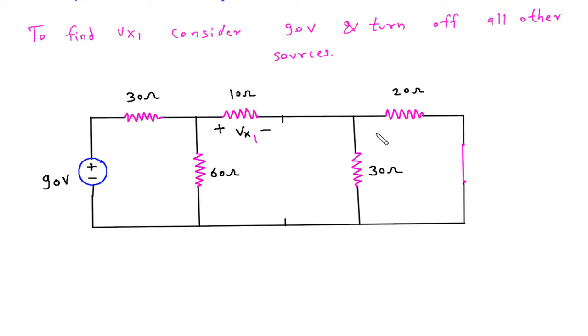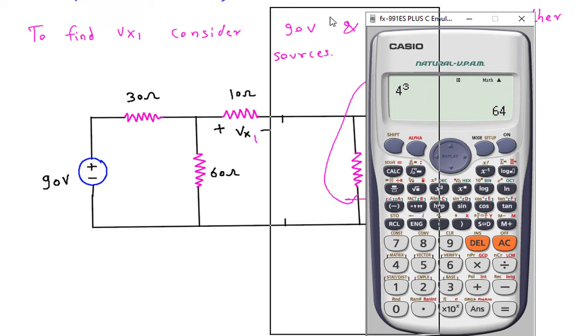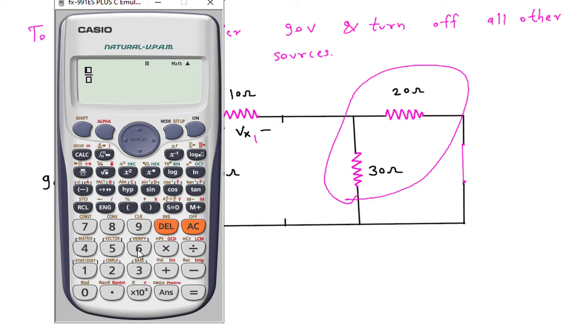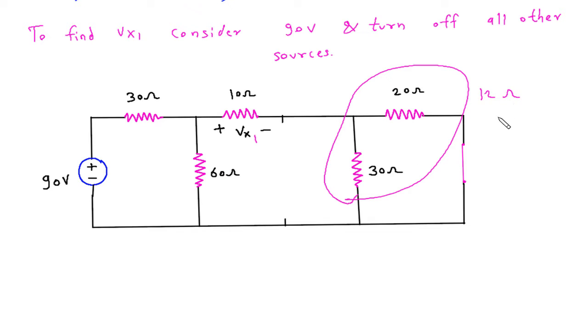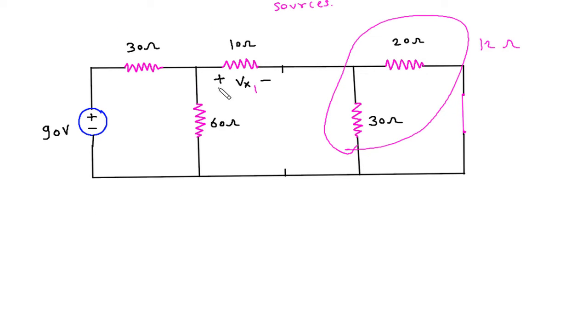Now as we can see, this 30 ohm is in parallel with this 20 ohm, so this will be 30 into 20 by 30 plus 20, so it is 12 ohm. Now we have to find this Vx1. First we will find the voltage across this resistor.